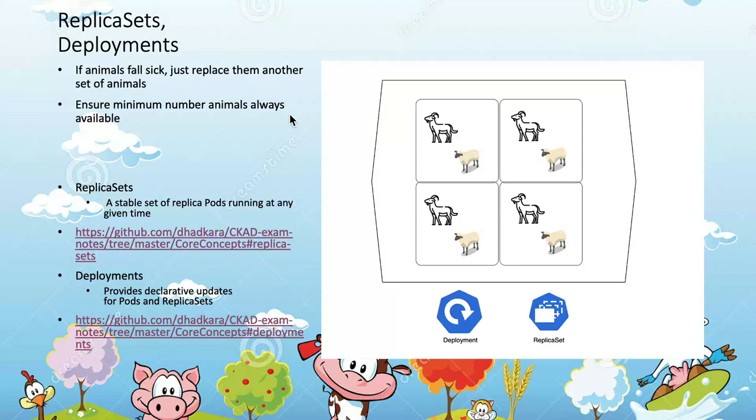And a replica set is the construct which helps you to maintain that minimum number always. And you can use a deployment to do that because you don't want to be creating a pod and then creating replica sets every time. So a deployment is something which helps you to do both in one shot.